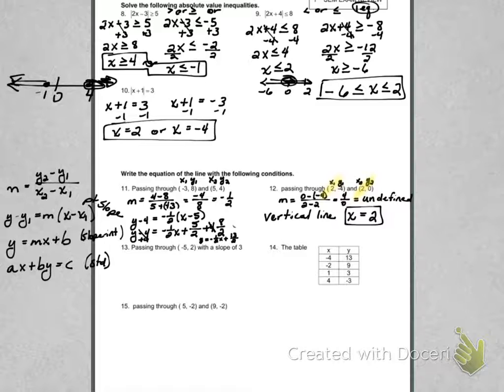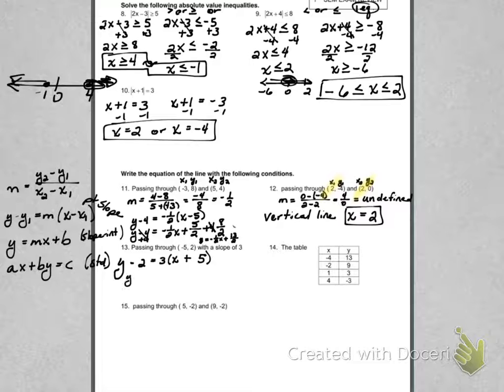Alright, here we're already given a point and a slope, so we don't have to find the slope. We know what it is. So we go straight to point slope form. Y minus 2 is equal to 3 times x minus a negative 5. Well, that minus a negative 5 we can change, and that's going to become plus 5.